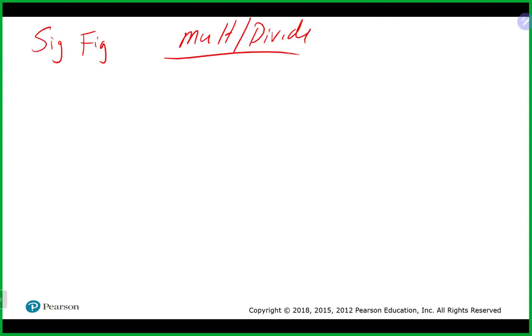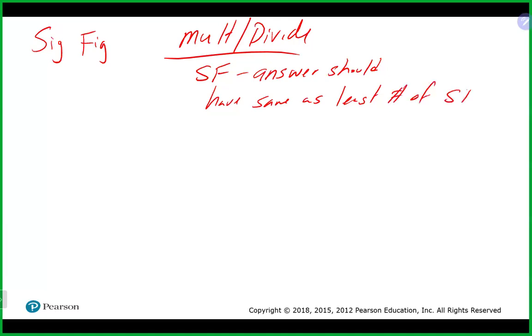All right, so last time we got into significant figures, and we talked about significant figures in calculations. So remember that if you multiply or divide, you are looking at significant figures, and your answer should have the same as the least number of sig figs.